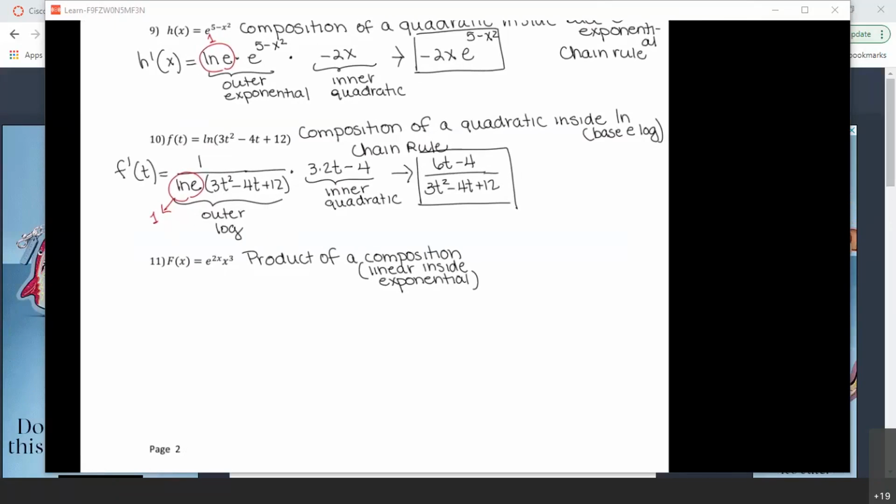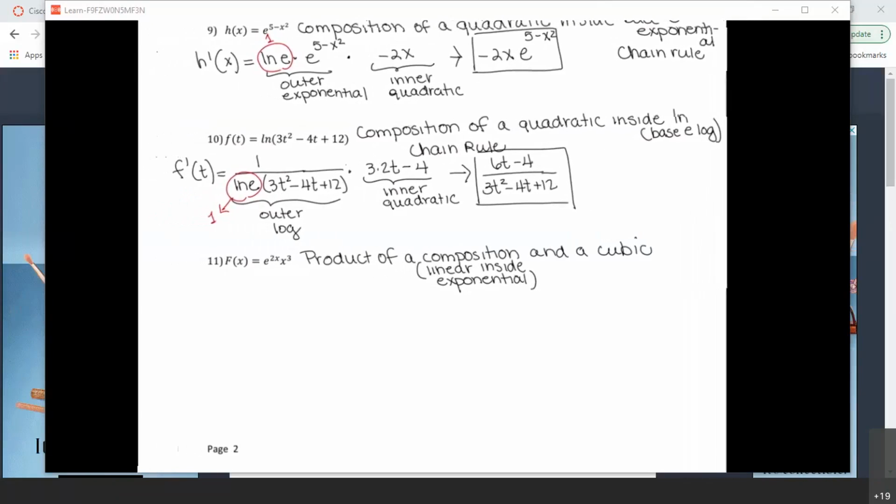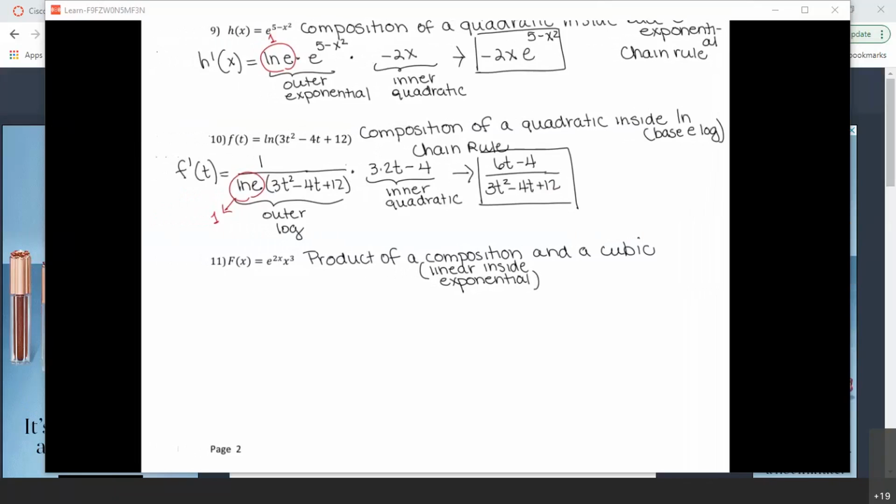So it's a product of a composition and a cube. I basically have the product rule as my overall structure. I've got to deal with the product, but one of those factors is a composition, a linear inside of an exponential.